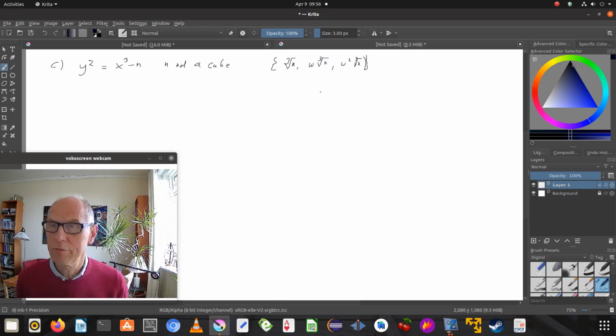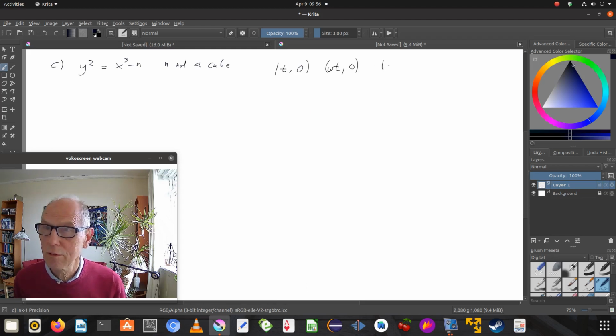Point 0. Now why do we do it like that? The points of order 2, point naught, where t to the third equals n and omega is the usual third root of unity.